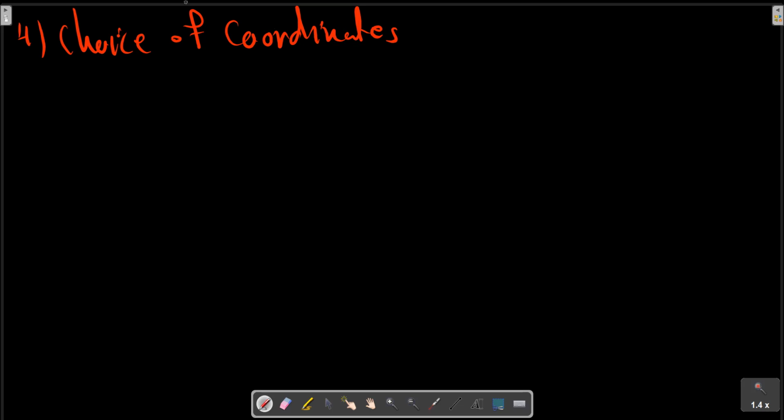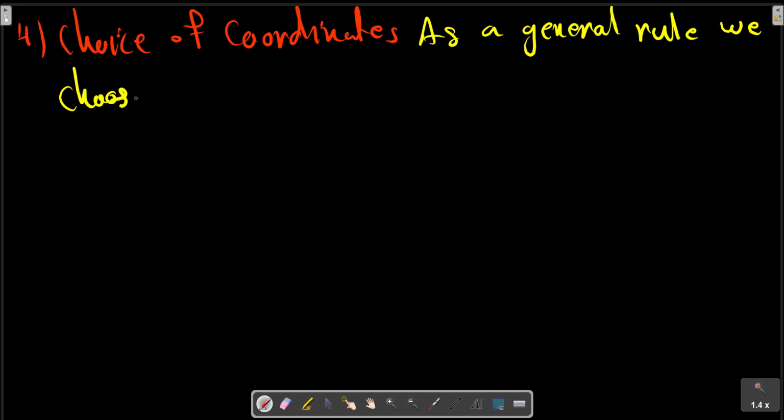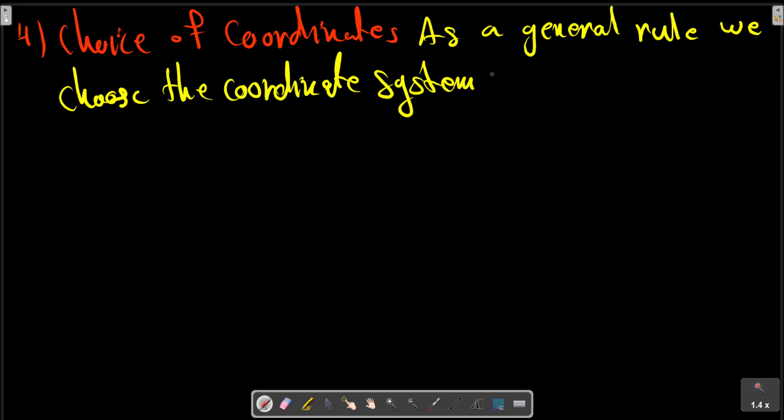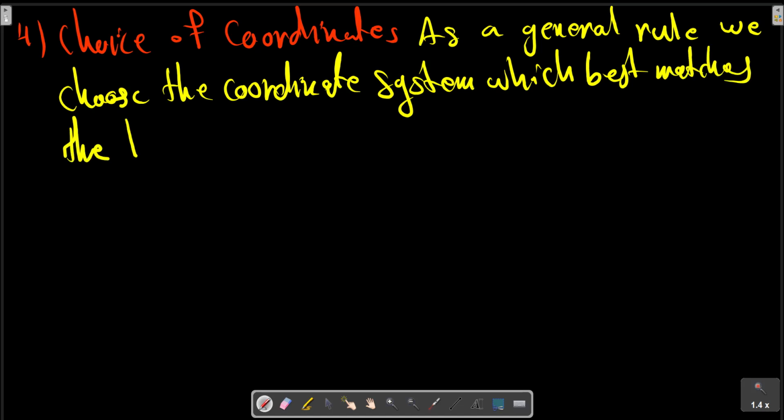As a general rule, we choose the coordinate system which best matches the boundaries of the figure.